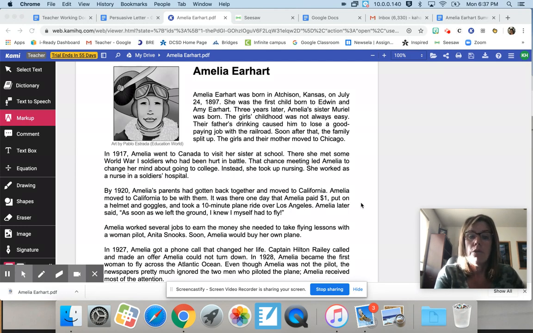Okay. So what I'm going to have you do is I'm going to read this article one time through. And as I am reading it, I want you to briefly write down, and it does not need to be in sentence form, all the details that you think are important to this article. You can use a scratch piece of paper. I'm not going to ask you to take a picture of it or anything like that.